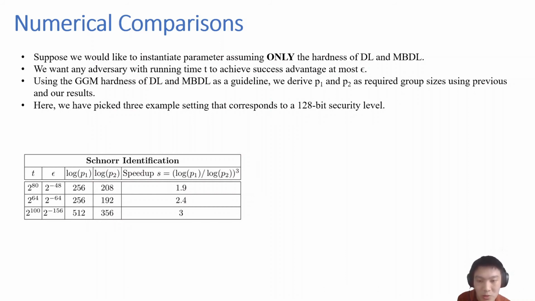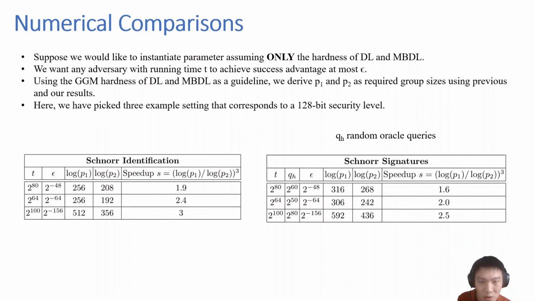So P2 is the group size required from our results, and P1 is the one dictated by previous results. And this also results in a speedup, which is cubic in the bit size improvement. And similar results can be derived for Schnorr signatures, but in addition, we'll have to specify the allowed random oracle queries.